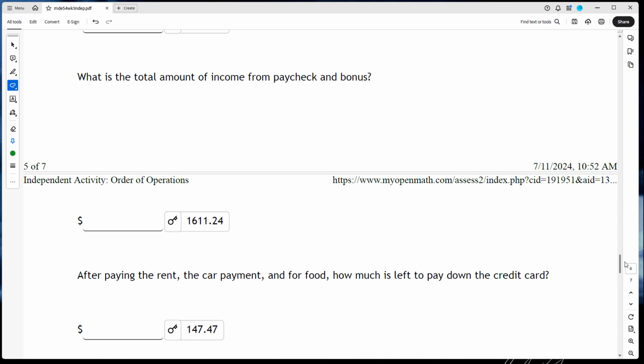After paying the rent, how much is left to pay down on the credit card? After paying the rent, the car payment, and for food.